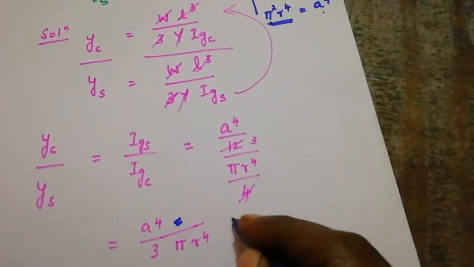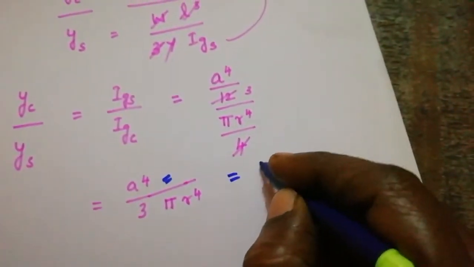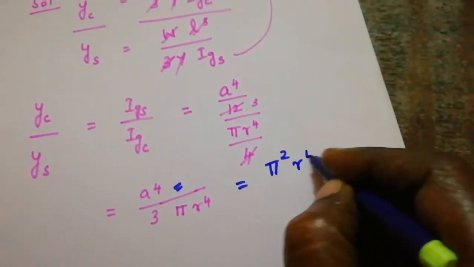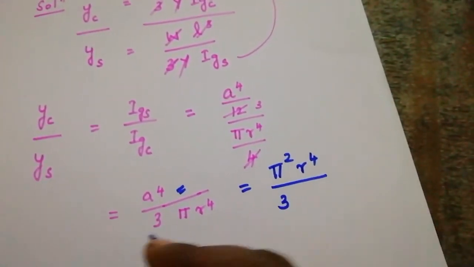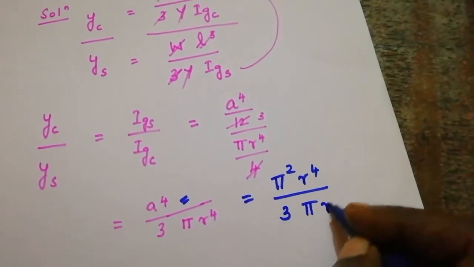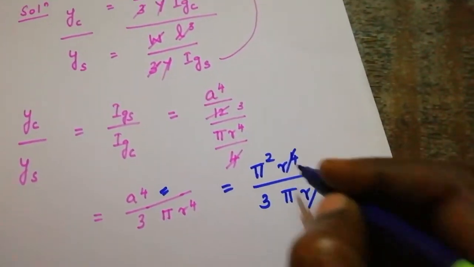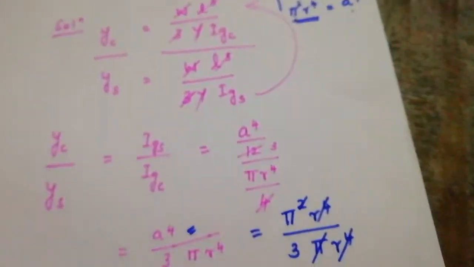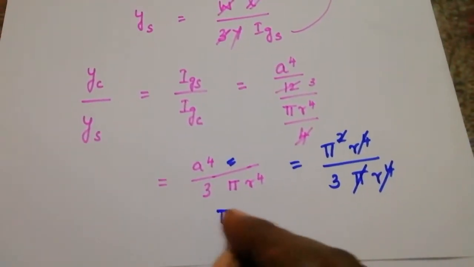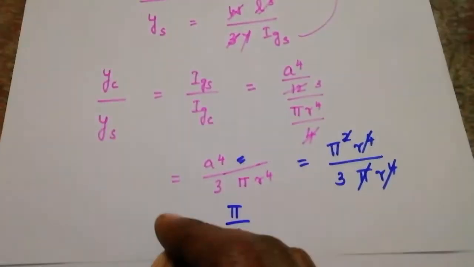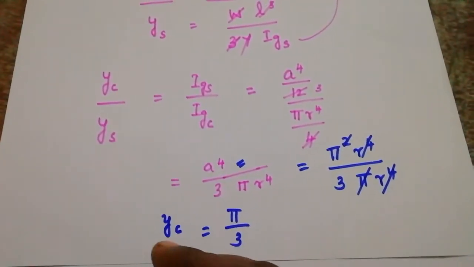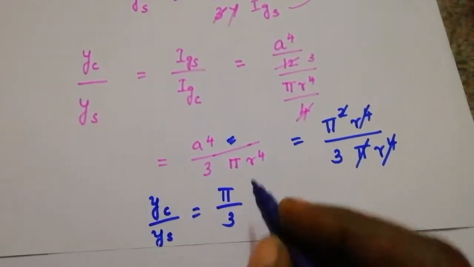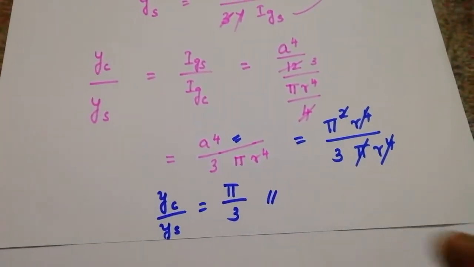Rewriting it, a power 4 is replaced by pi square r power 4 divided by 3 pi r power 4. R power 4, r power 4 get cancelled off. The remaining is pi by 3. So the ratio of the depression of circular and square cantilever is pi by 3.